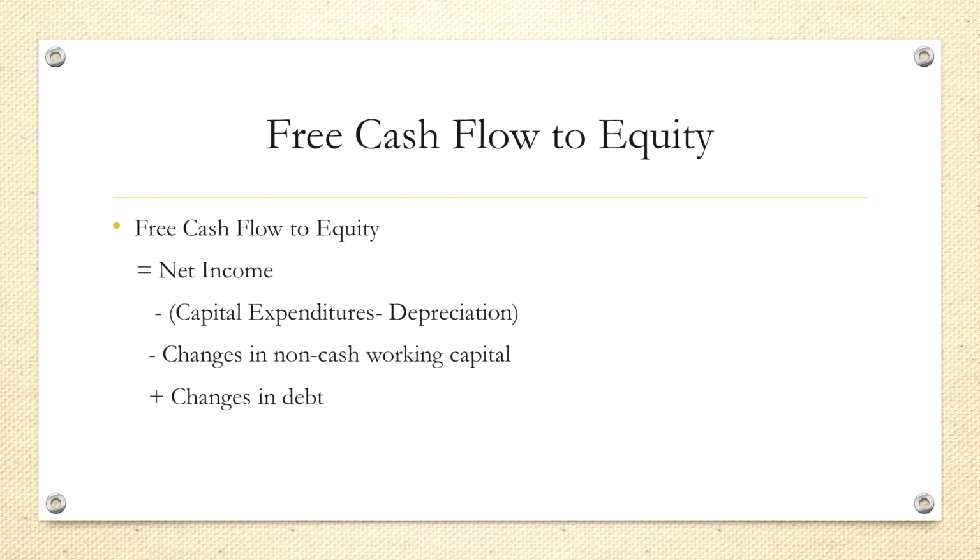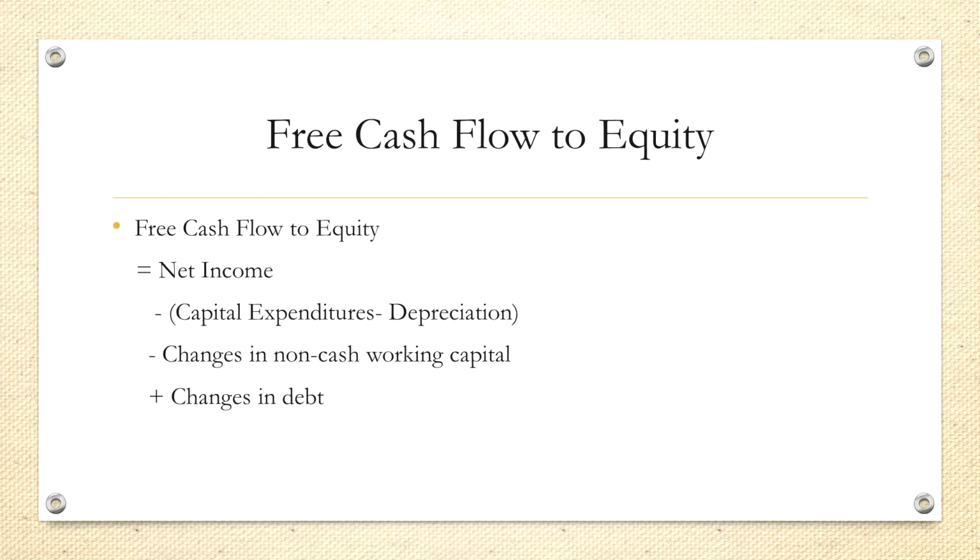And also the difference between capital expenditure and depreciation and amortization is the net capital reinvestment. Another part of investment involves investment in working capital, that is changes in non-cash working capital. And the last item is change in debt. So there are four items for you to consider when you need to estimate the free cash flow to equity.